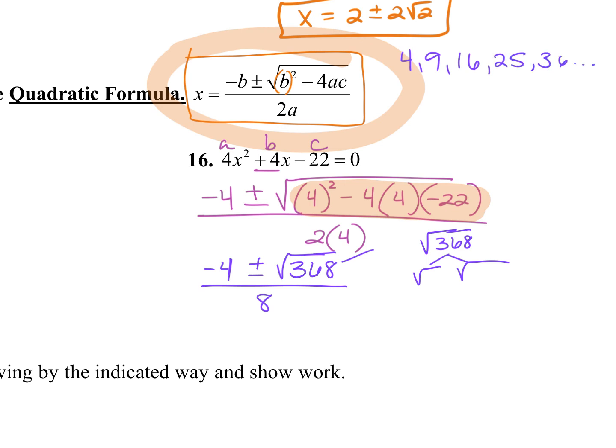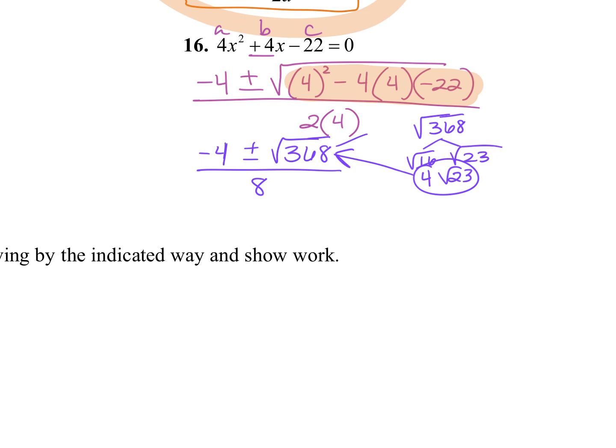You can just make a list at the top of the problem and try them all. 368 divided by, I usually start high and work my way low so that I don't find a small one and then have to do extra work. Anyone see it? 16 gets you what? 16. And 23, yeah. Okay, so this is 4 rad 23 in place of this.